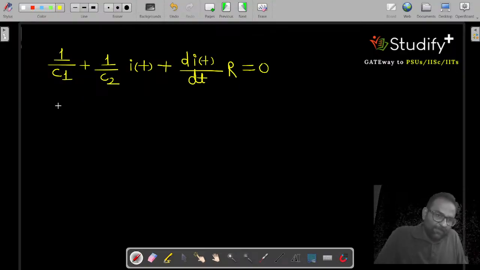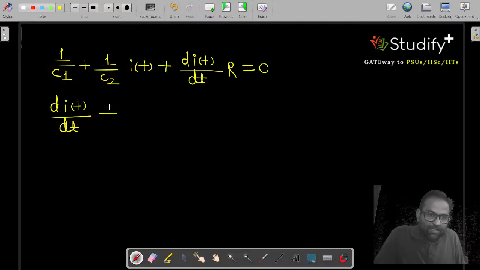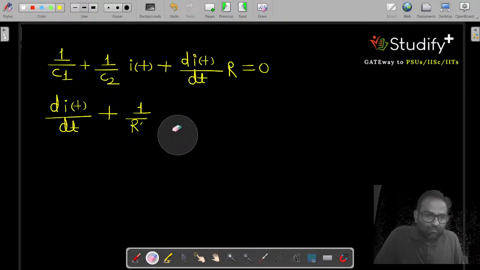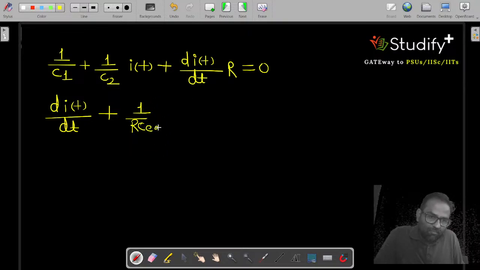Or you can say di(t)/dt plus 1 divided by R into C equivalent into i(t) equal to 0. And now we can easily find the value of i(t).